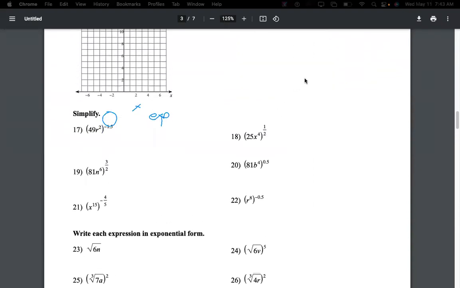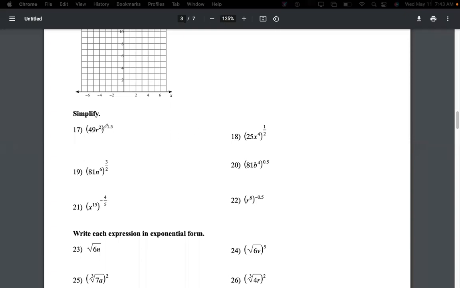Let's go ahead and look at number 17. All right, so it says simplify. Does that say negative 1.5? Yeah, okay. All right, so what we're gonna do on this one is we're gonna use our exponent rules.